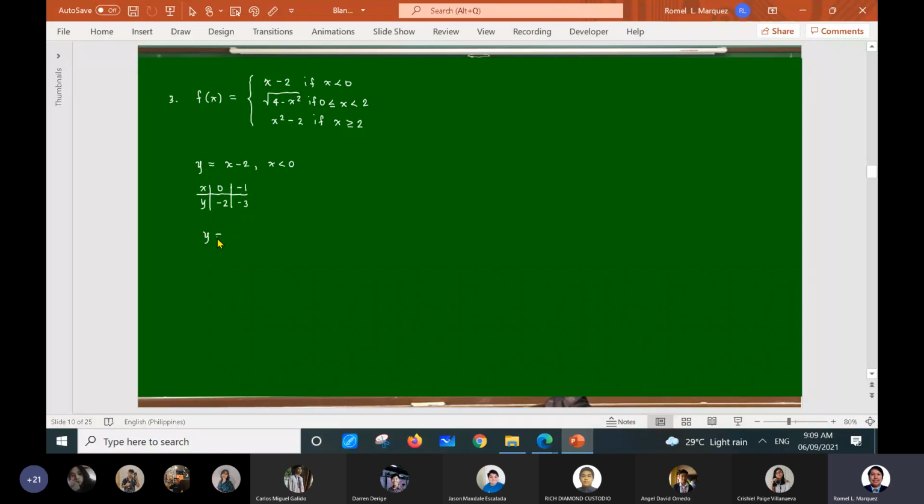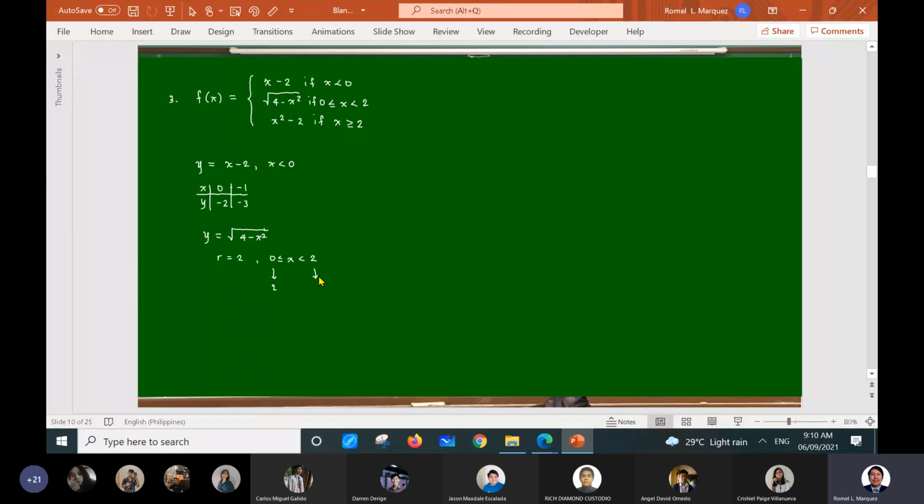What about when y is equal to square root of 4 minus x squared? This is the upper circle, no? With radius what? Radius 2. So meaning starting from x equals 0 to what? To 2, no? And then when x is 0, what's the y value? 2.